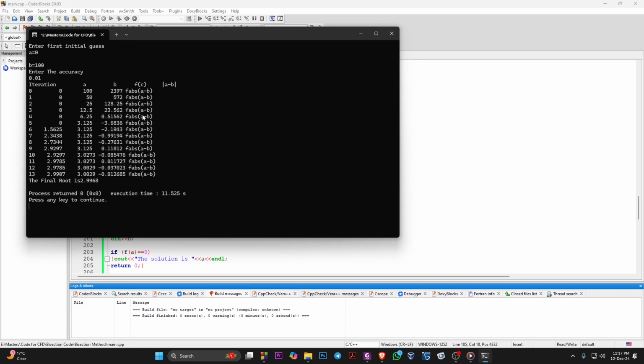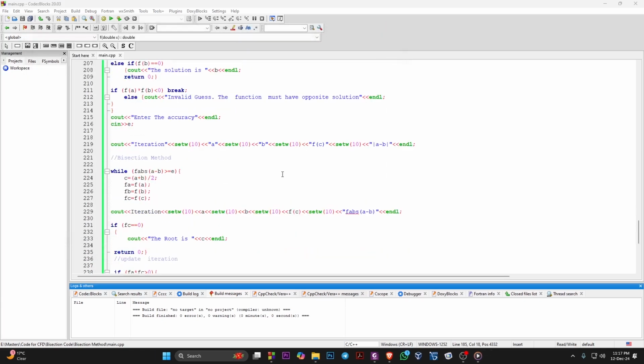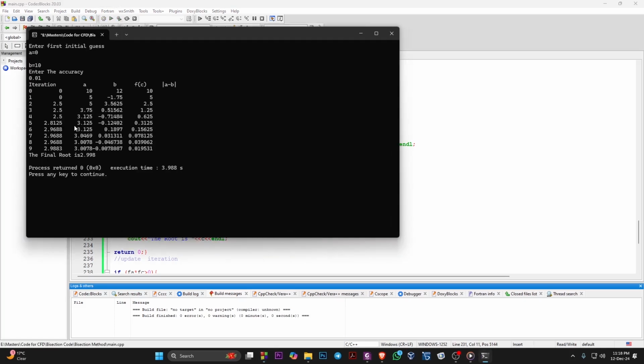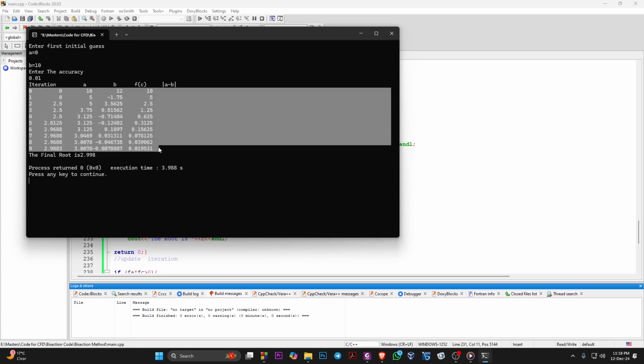Okay, I made a mistake here. Zero, 10, 0.01. Okay, our solution is almost 2.998. It takes almost 9 iterations.